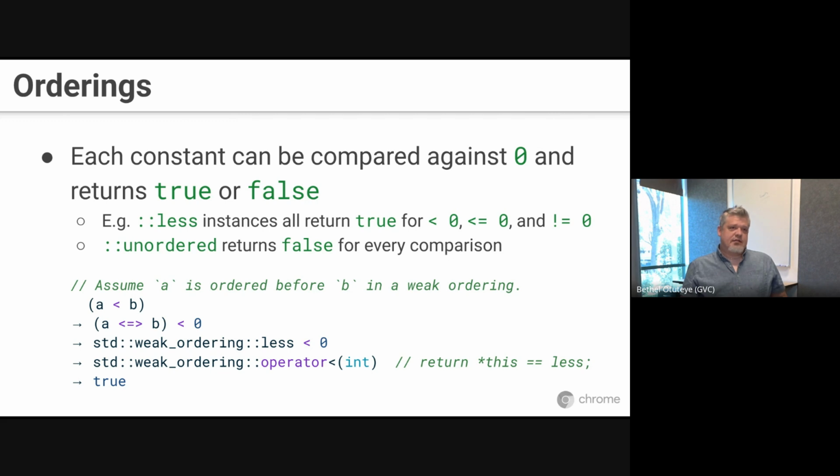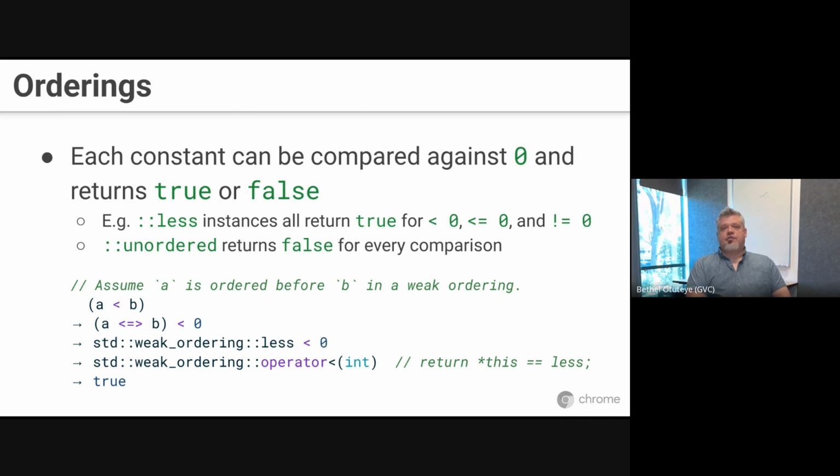If you write A is less than B, the first thing that happens is the compiler transforms that using operator rewriting into the primary operator, which is A spaceship B less than 0. The second thing that happens is that it actually executes A spaceship B, and it gets back some instance of an ordering object. In this case, my A spaceship B happens to return weak ordering::less.